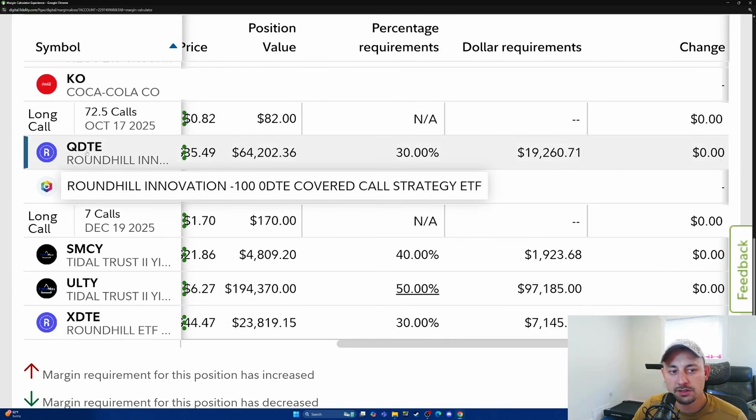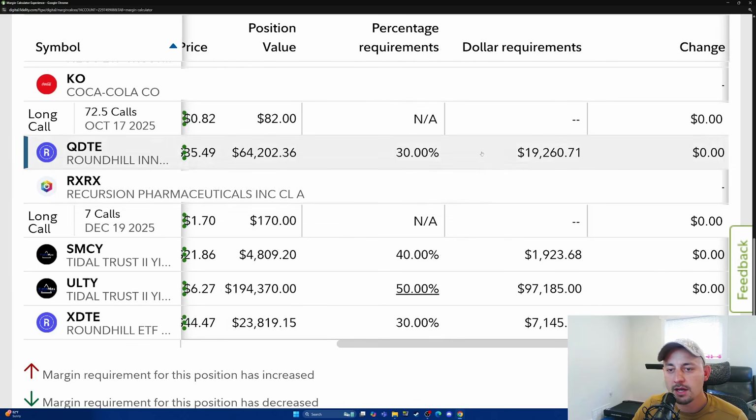QDT, one of the funds that I'm holding, has a 30% margin maintenance. So what does margin maintenance mean? It means that I need to have 30% of my own cash. So my skin in the game needs to be 30% at the bare minimum, or I will get a margin call.